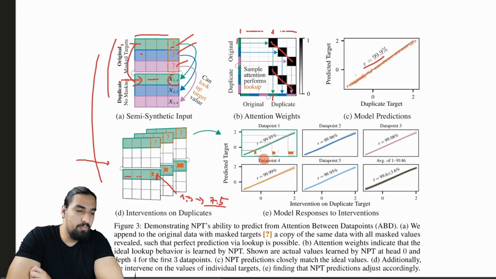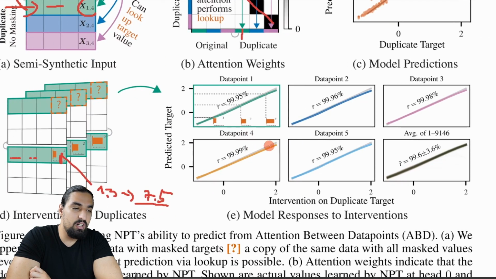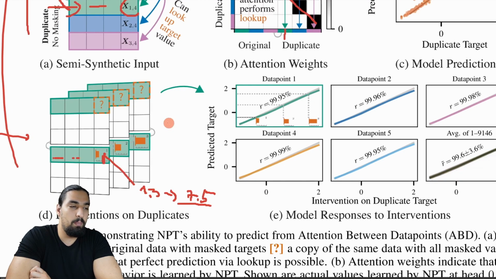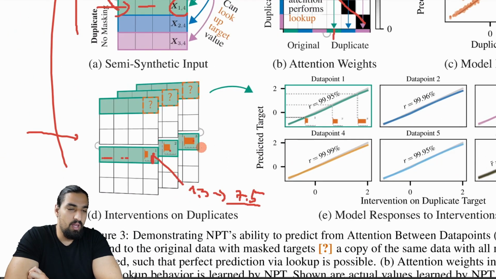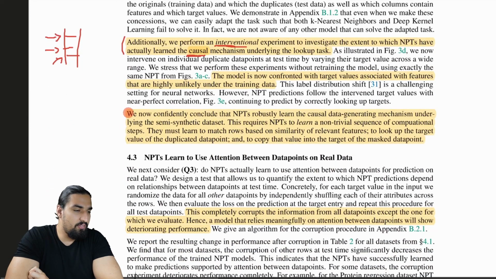And as we can see here, the Pearson correlation is again great. That means that no matter these interventions, it learned how to predict the exact value from these slots, and that means it learned the correct relational mechanism. That's the point of these experiments. And so we now confidently conclude that the MPTs robustly learn the causal data generating mechanism underlying the semi-synthetic dataset.